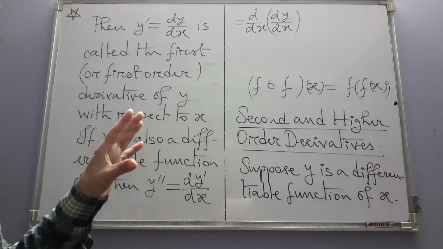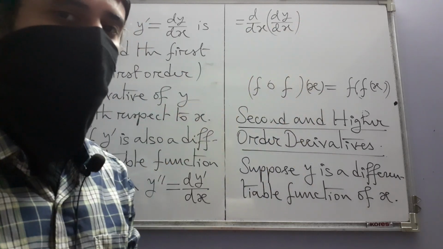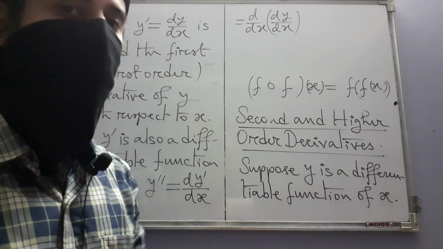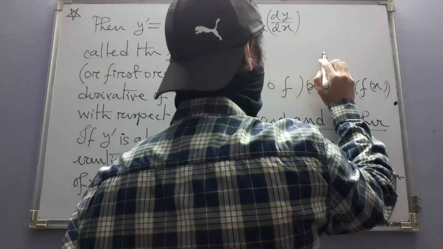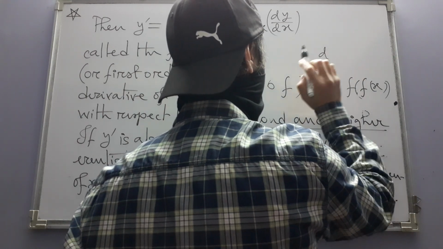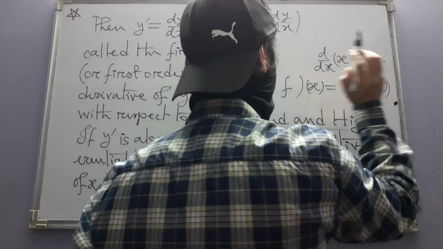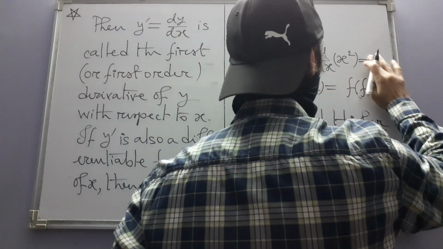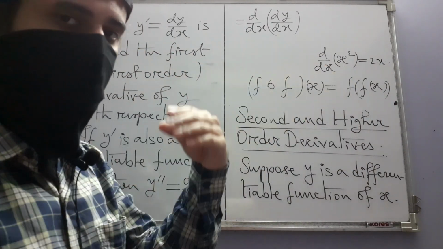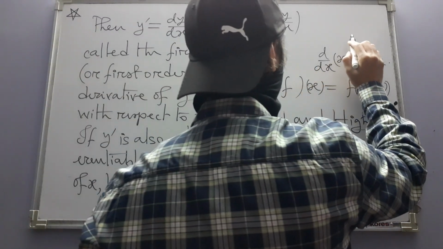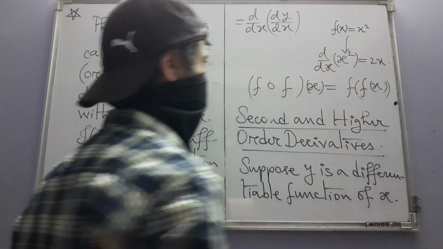Differentiation, however, is a special type of function where the inputs are not numbers. The inputs themselves are functions and the outputs are also functions. For example, when we say that this is 2x, what we mean is that differentiation is a function in which we have taken this input f(x) equal to x square.